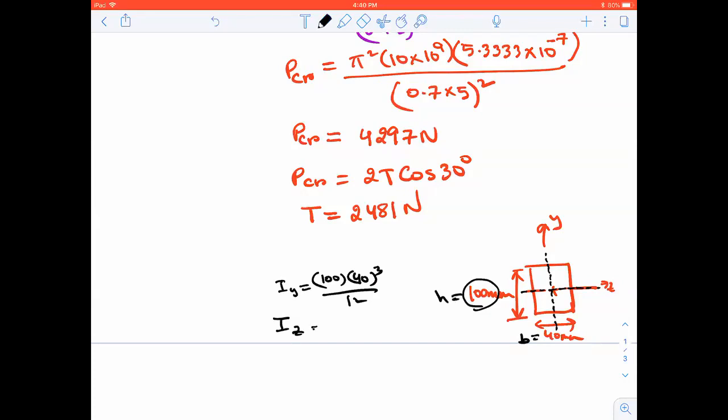So it's going to be 40 times 100 cubed divided by 12. Which one will give you the lowest value? IY.